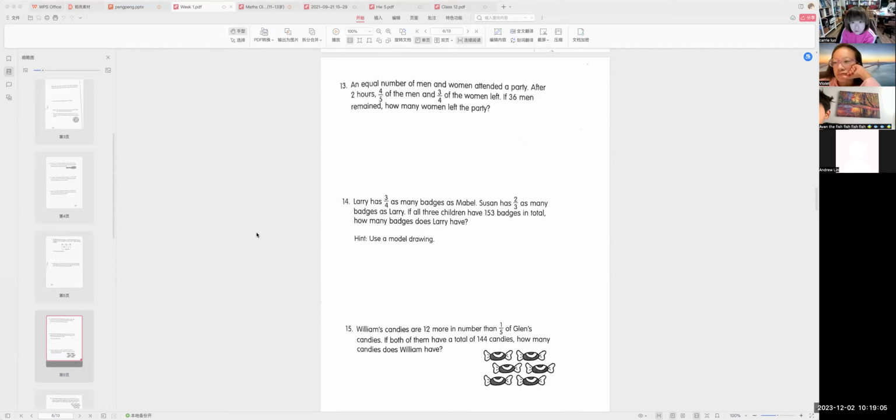After 2 hours, 4/5 of the men and 3/4 of the women left. If 36 men remained... When you see something has left, you need to immediately calculate what is left.